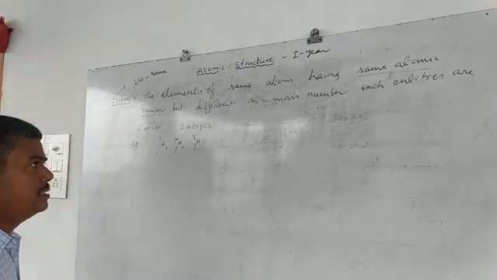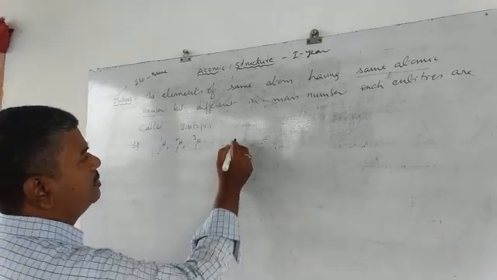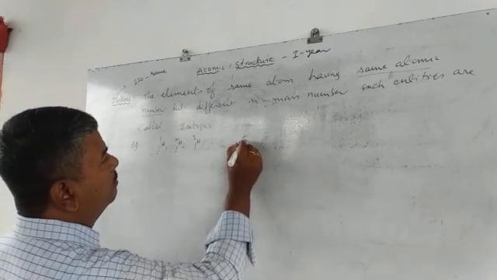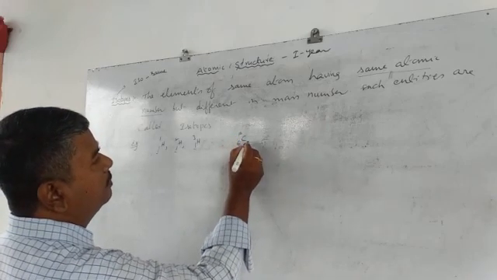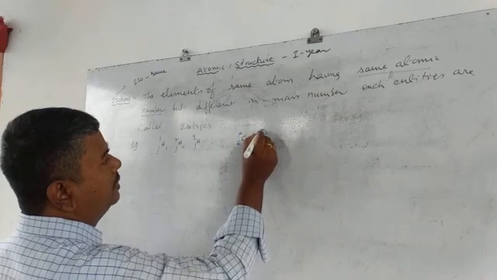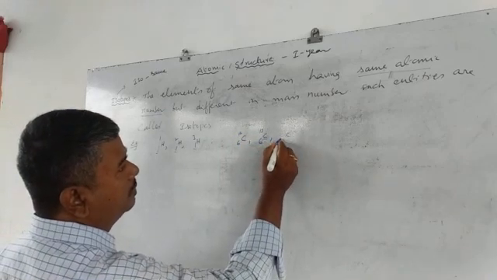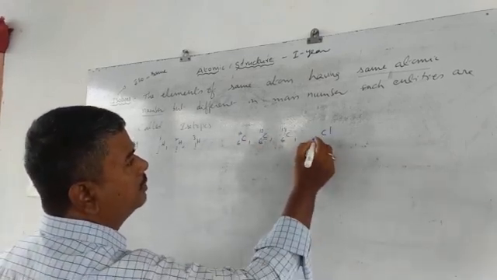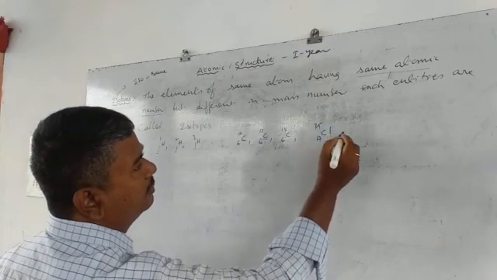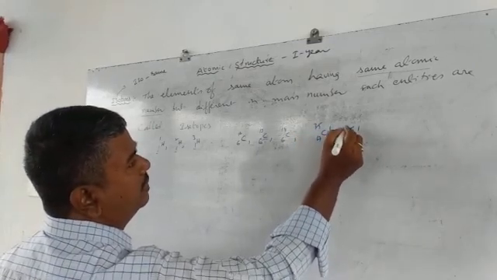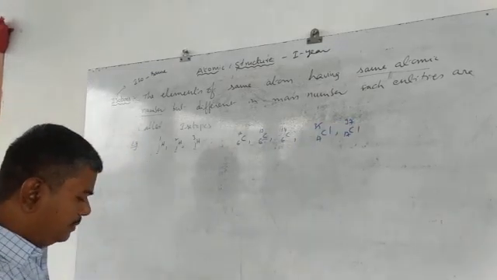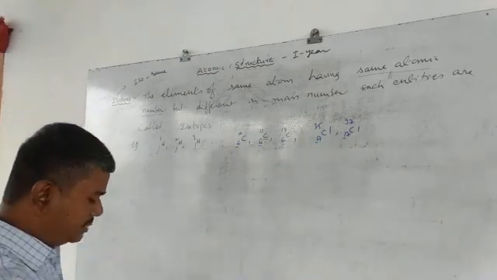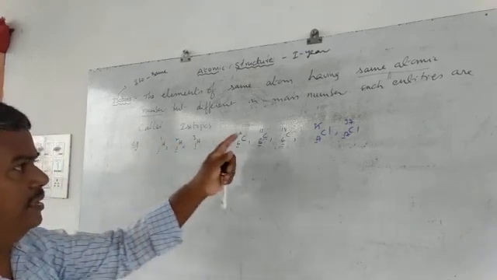Isotopes. Some more examples, like carbon: 6C12, 6C13, as well as chlorine 17Cl35, 17Cl37. Observe here, what happened? The atomic numbers are the same. Mass number is different.